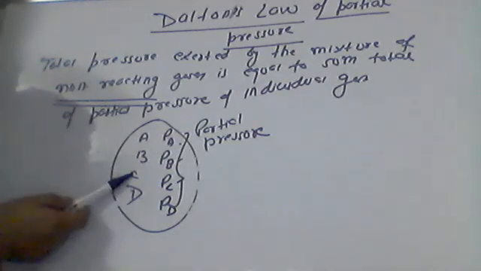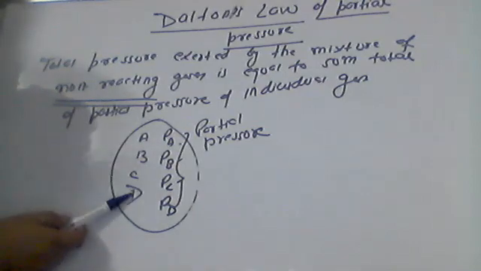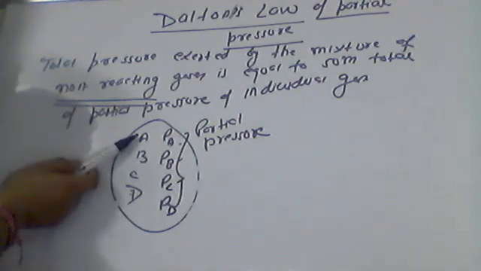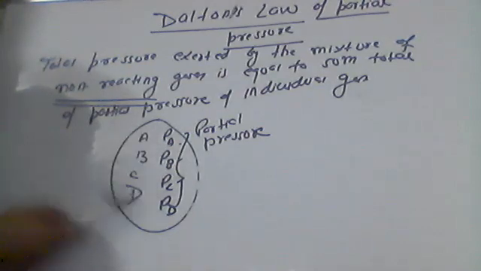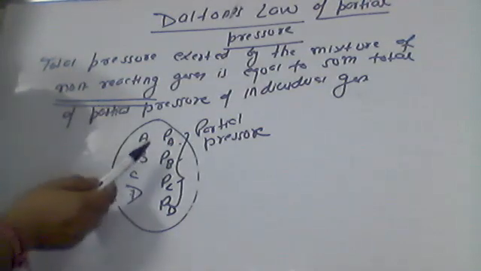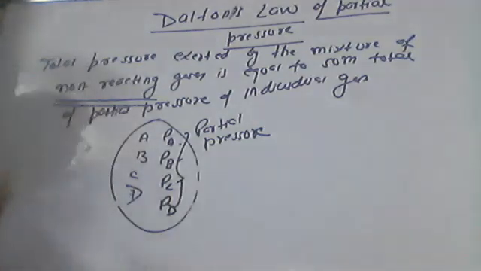B's partial pressure is when only B is present. C's partial pressure is when only C is present. D's partial pressure is when only D is present. Whatever amount we are having, that is a partial pressure. Partial pressure is a pressure exerted by a gas when it is in a mixture. This we call as partial pressure.